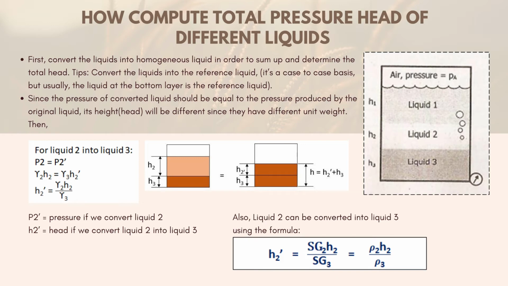Since the pressure of the converted liquid should be equal to the pressure produced by the original liquid, its head will be different since they have different unit weights. So, for liquid 2 into liquid 3, dapat yung pressure 2 ay equivalent dun sa pressure 2 prime. So, yun class.